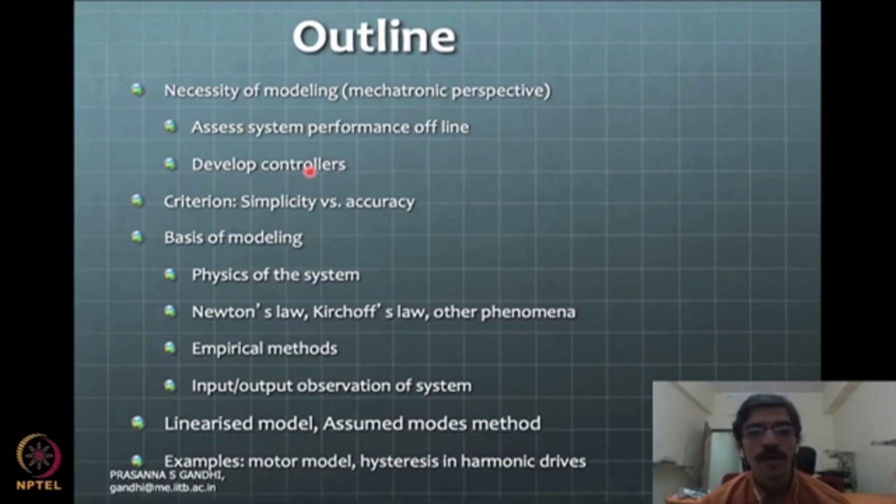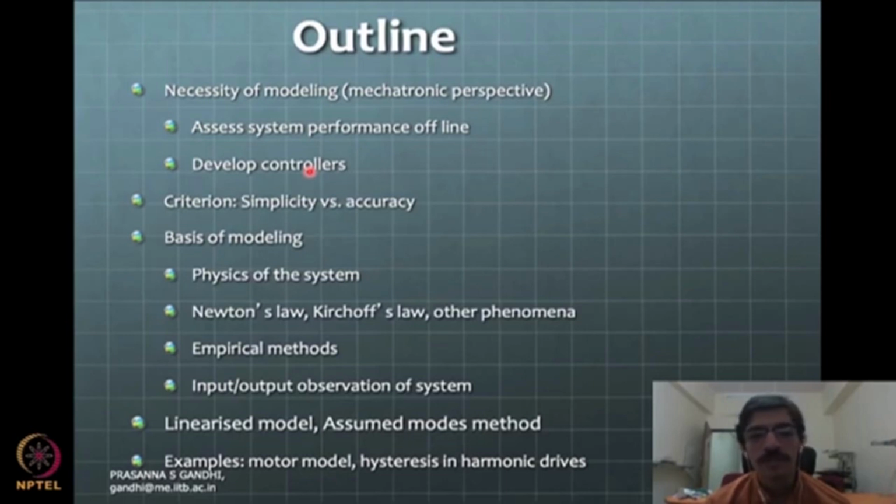Empirical modeling needs input-output observation of the system. For example, if you experimentally get a Bode plot of the system, then one can predict a transfer function which will have the same Bode plot as the system, and that is one way of modeling the system.